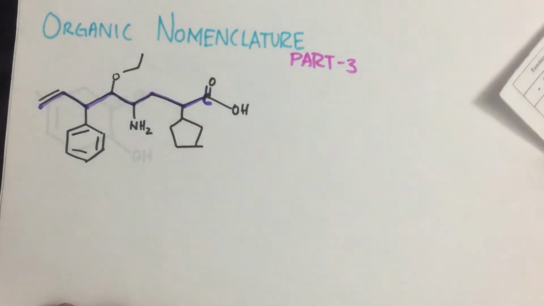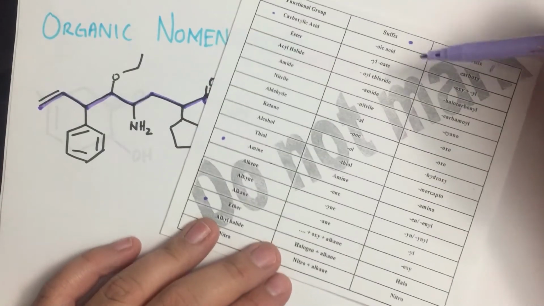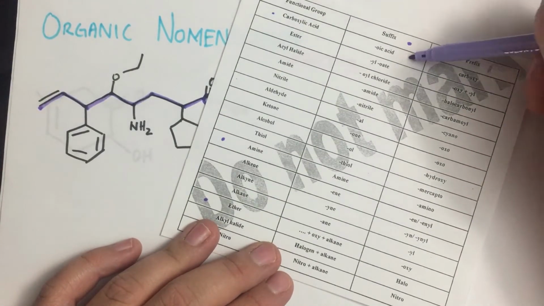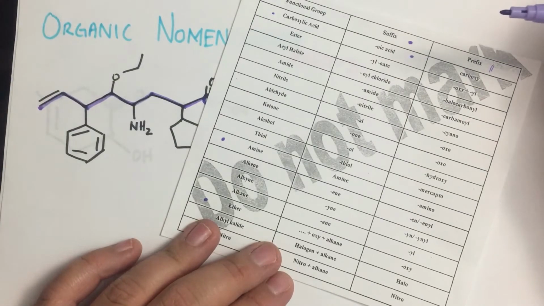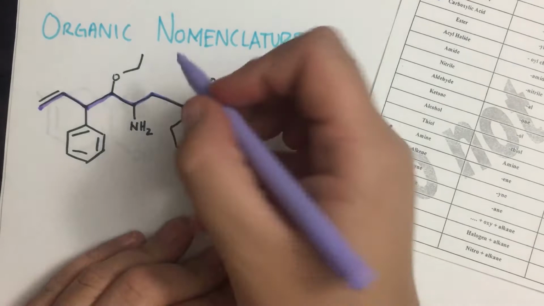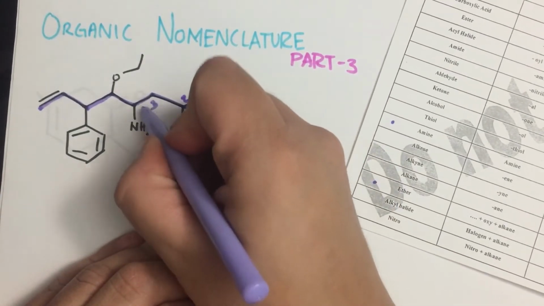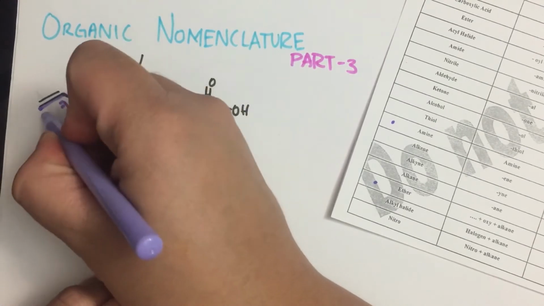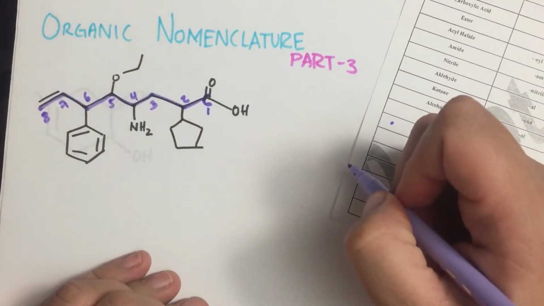Now, your most important functional group will be the one that you also look to have the smallest number. So if your carboxylic acid is the most important, then you're going to start right there. So 1. You extend your parent chain, numbering all the way to the last carbon.